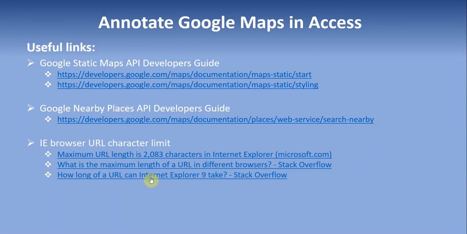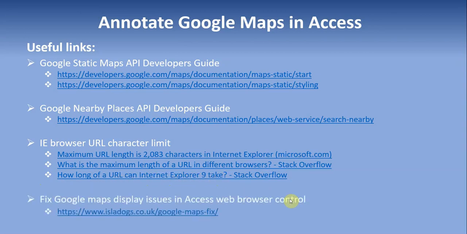Articles about the browser limit, hopefully not to be something we need to worry about much longer, are these ones here. Three of those are quite interesting, and I love this title: How long of a URL can Internet Explorer 9 take? That's great English, that one. Somebody mentioned earlier about OpenStreetMaps.